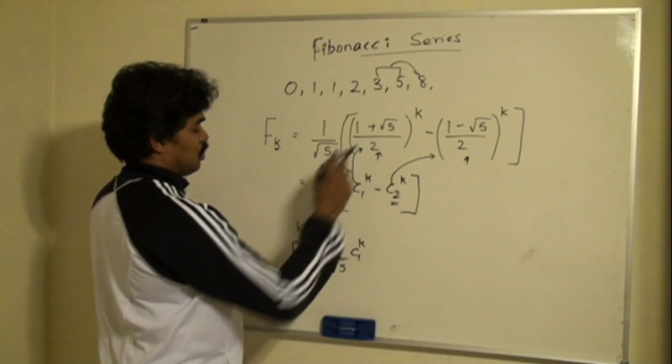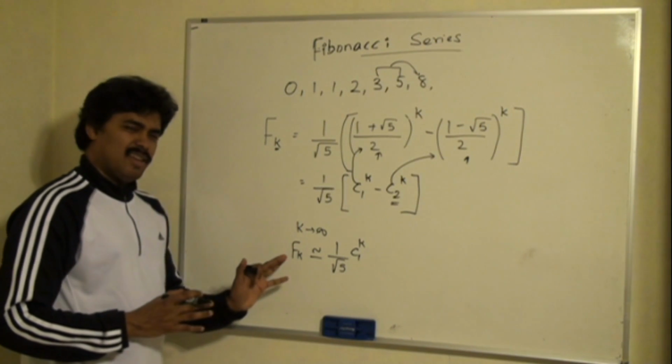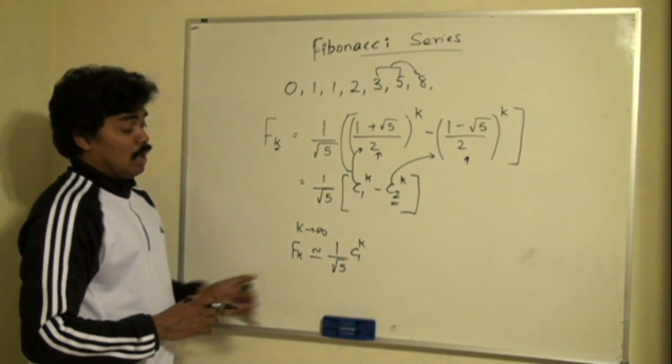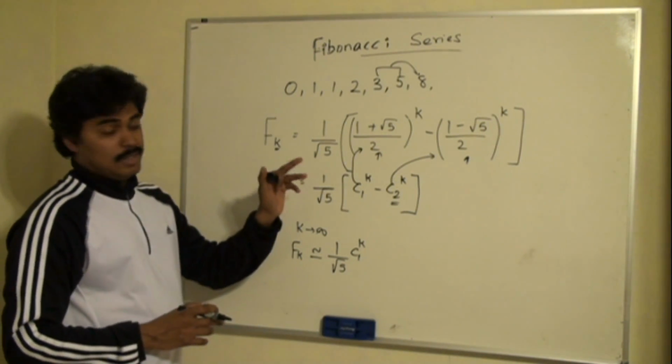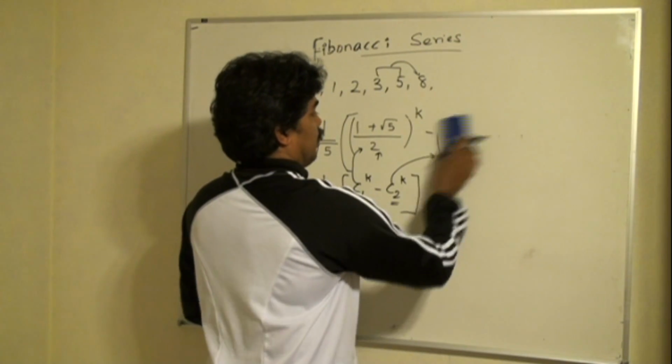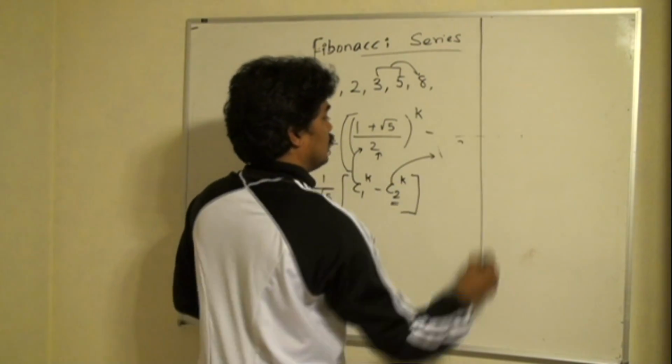And again, C1 is a constant. So this looks like a very simple formula to get the kth element. I'm going to derive this formula stepwise, so I will write it down here so we know what it is.